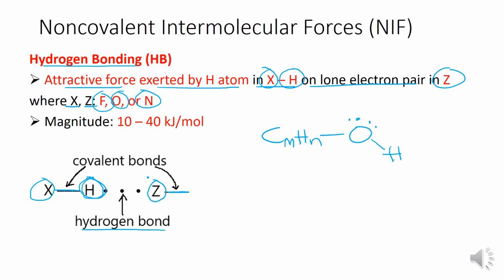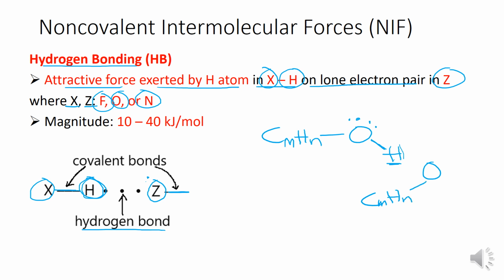So in this case, how many hydrogen bonds can we have? First, we have here the hydrogen bonded with this oxygen. This hydrogen will be attracted to the oxygen of another molecule.